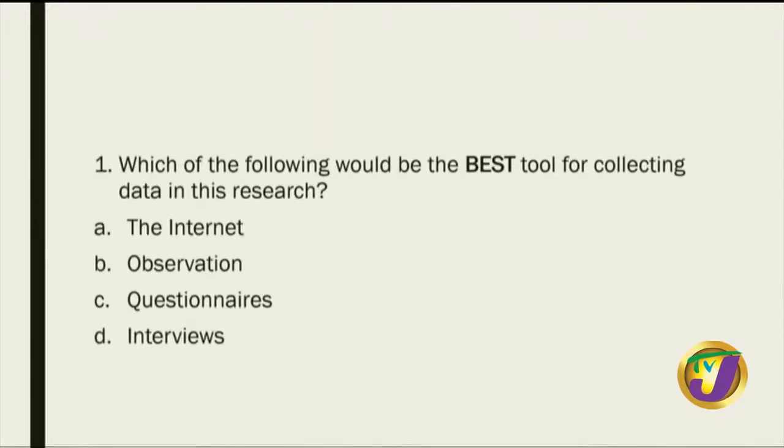Notice the word in all caps, best tool for collecting data in this research. Is it the internet? Is it observation? Is it questionnaires? Is it an interview? Which one would be best? Community, respiratory conditions. So definitely questionnaires. Remember, a questionnaire can reach a large sample.